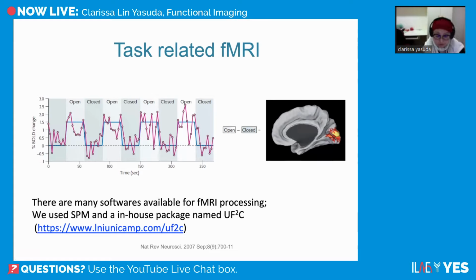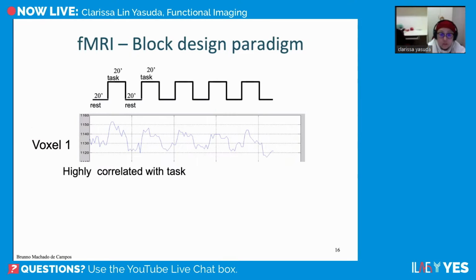There are many packages for processing. I will talk about this a bit later. I will just give you an example again. You have this alternating period of rest and task. Here you see more or less the voxel over time.